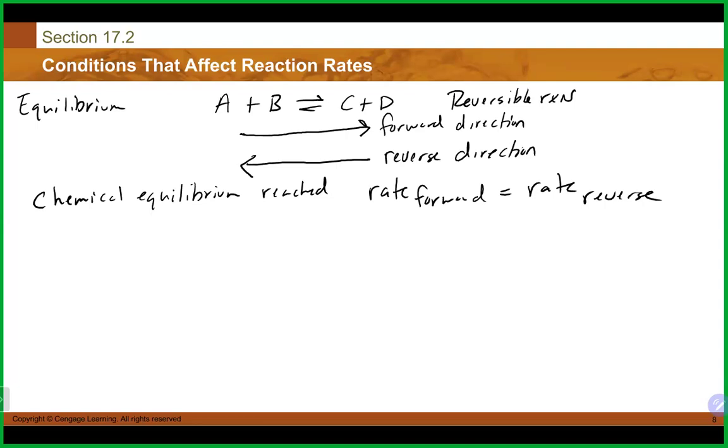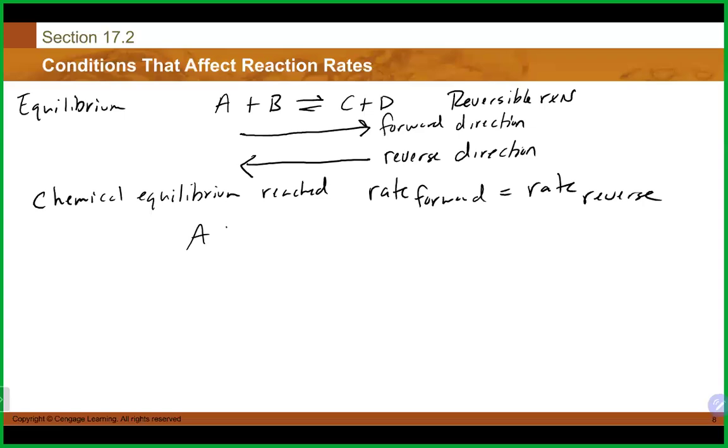What it does is it essentially will lock everybody into place in terms of their concentration as to where they were at when it reached equilibrium. And they basically will not change. You could also lock in their pressures if you're dealing with gases and you look at pressures rather than concentrations. So when you reach equilibrium, it basically will lock everybody into place.